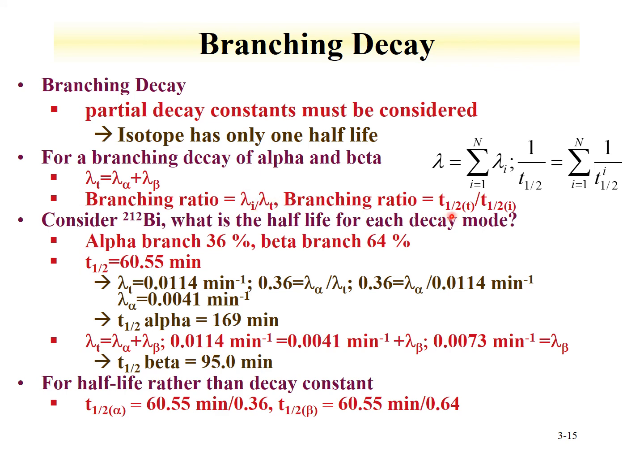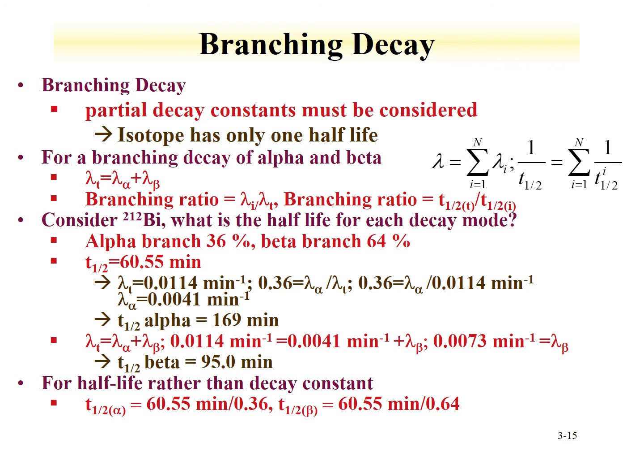You could also look at the half-lives, where the branching ratio is the total half-life divided by the half-life of the decay route. In this case, since it's a number less than 1, the half-life of the decay route is less than the observed half-life that's provided in the chart of the nuclides.